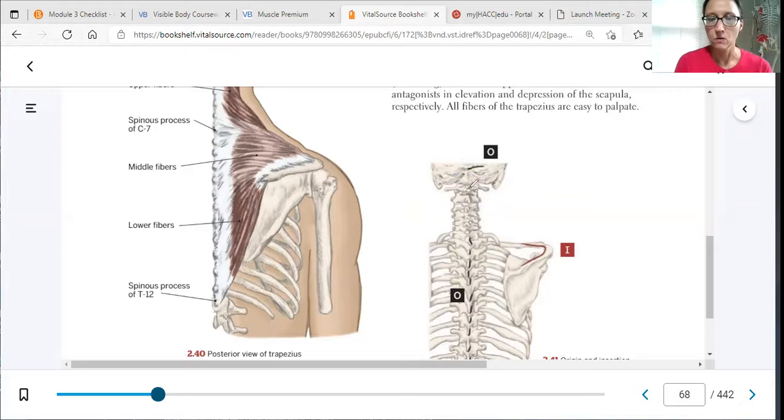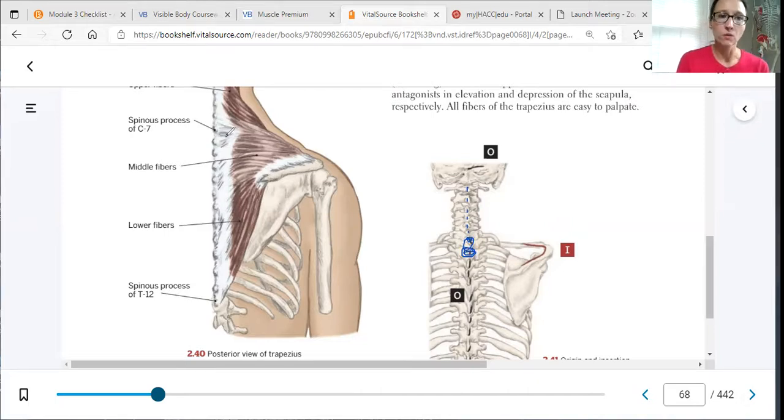So we have 1, 2, 3, 4, 5, 6, 7. Right there. That's the 7th cervical vertebrae. How easy was that? Okay. And then if we start here, this is thoracic vertebrae number 1, or T1.